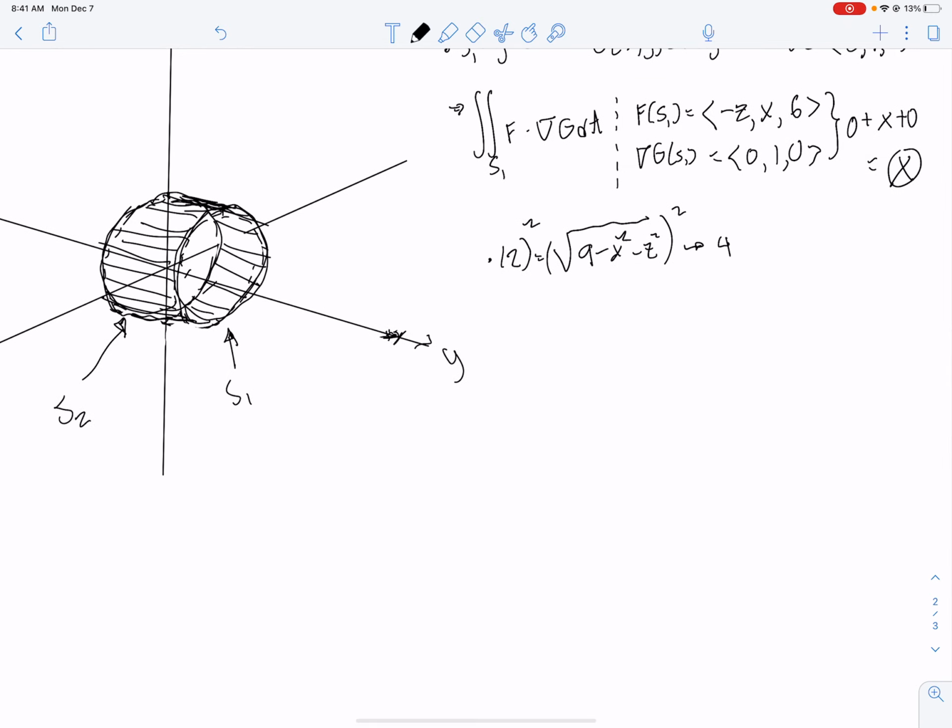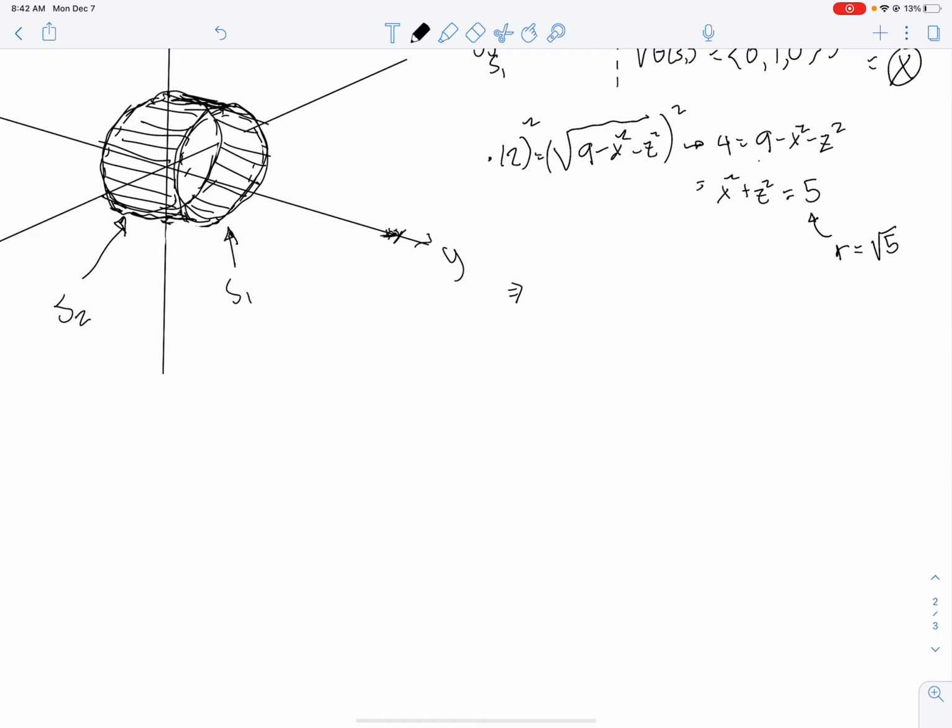We get 4 equals 9 minus x squared minus z squared. And then making everything onto one side, so making the x squared and z squared positive, and then subtracting 4, we get x squared plus z squared equals 5. So in this case, as we'll be changing to polar, our r would be the square root of 5.